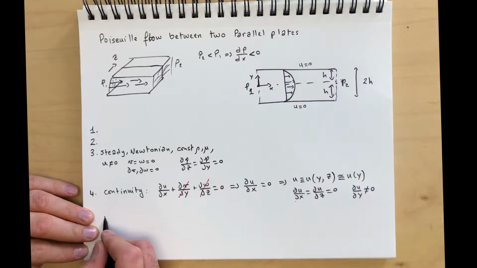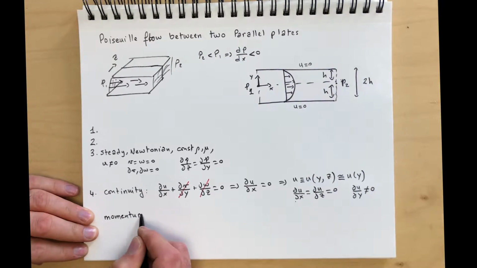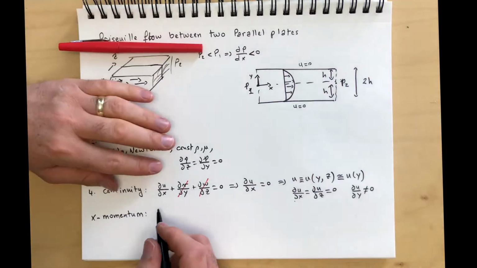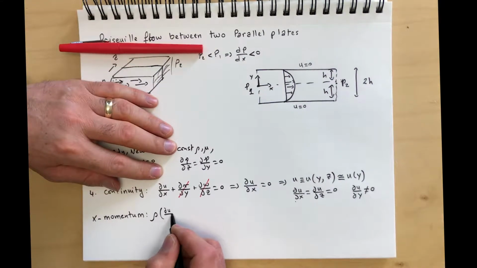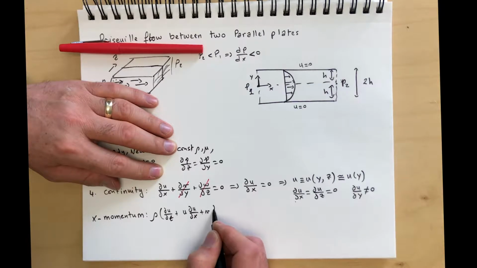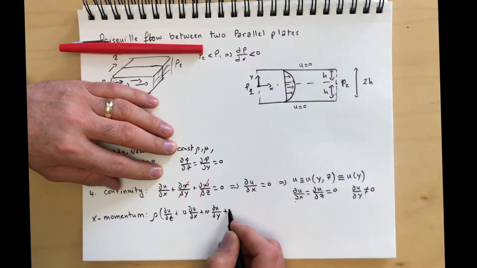Then we go to momentum, and you agree that we will only need the x momentum equation. The other ones are just going to cancel out. We have rho du by dt plus the advection term u du by dx plus v du by dy plus w du by dz.